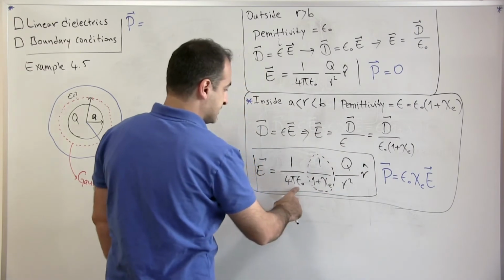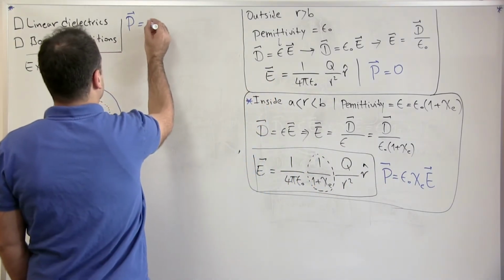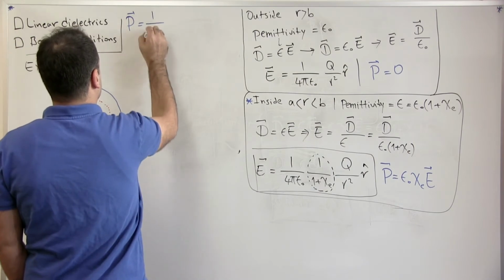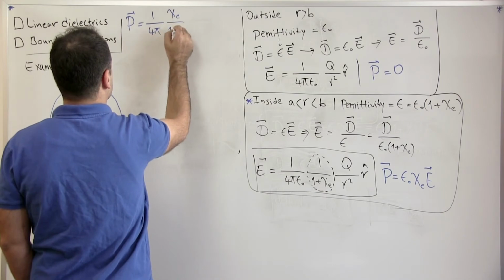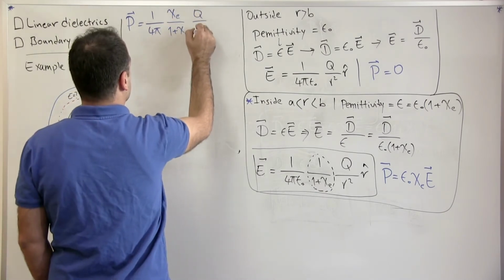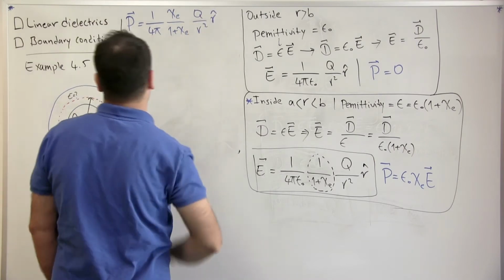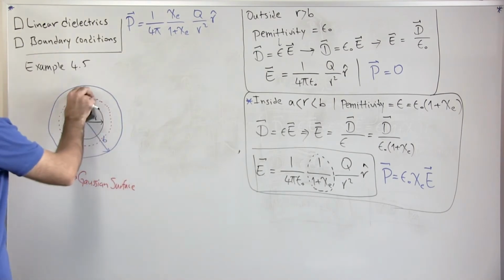Epsilon naught cancels this, and chi e multiplies here. So we get 1 over 4 pi times chi e over 1 plus chi e times Q over R squared times R hat. And that's the type of polarization that we have inside.